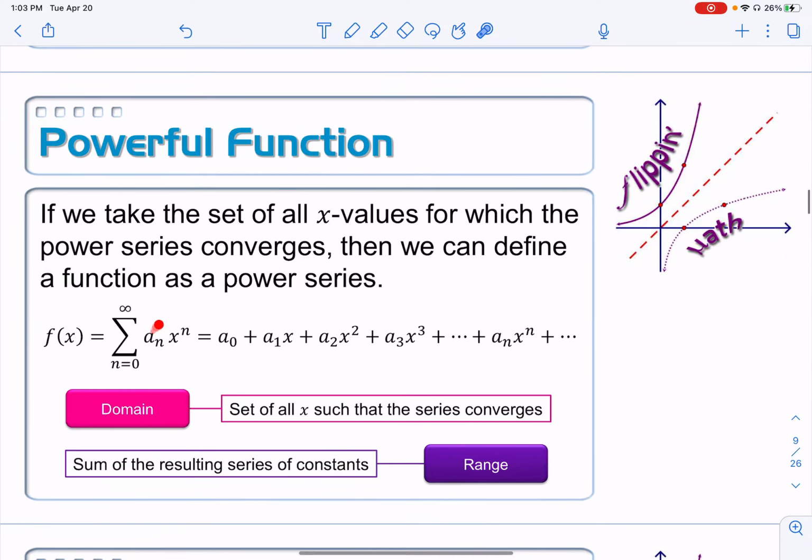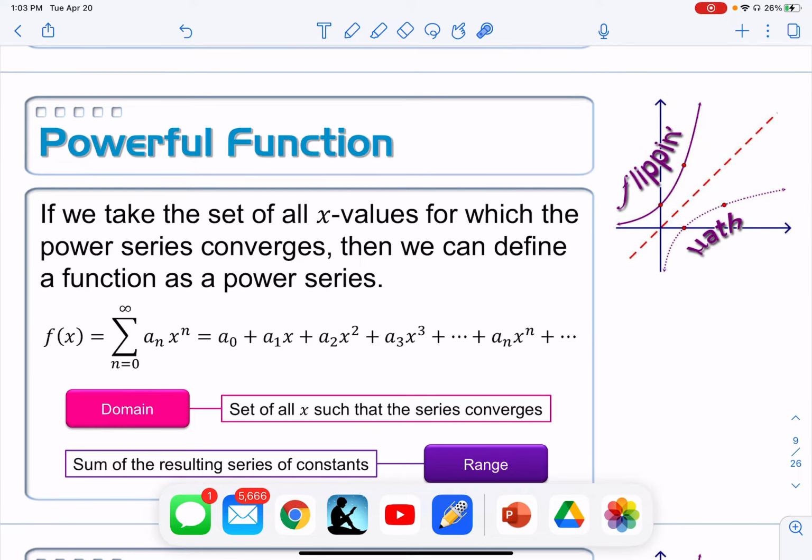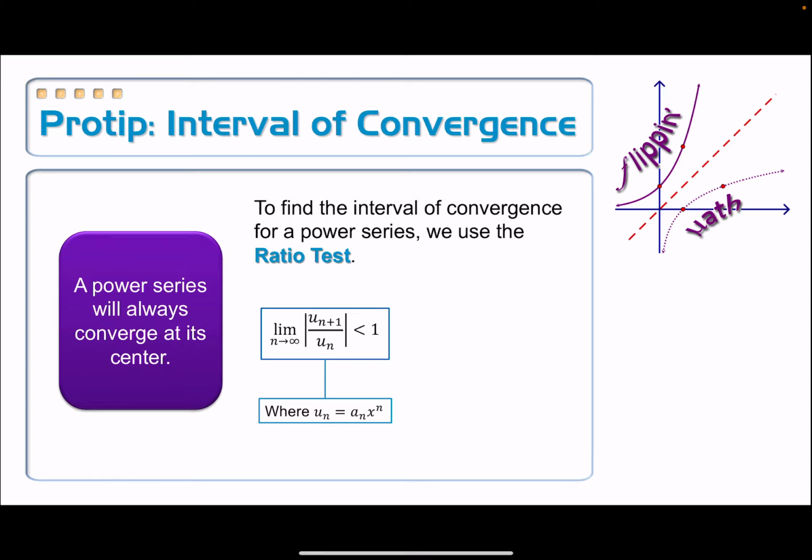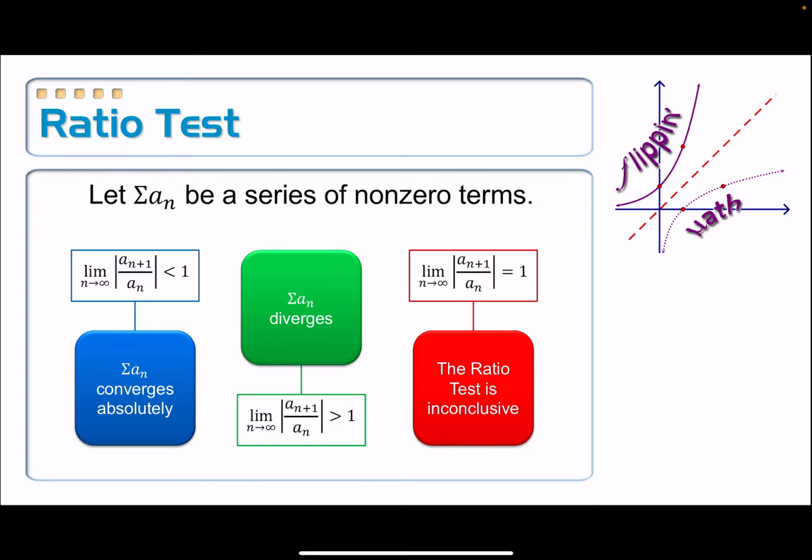So you're still just taking the ratio of the n plus 1th term here over the nth term, right? And you're forcing it. We're going to force it to be less than 1 because that, according to the ratio test, we're guaranteed convergence there. Now, one of the things that happens is that the ratio test is inconclusive at 1, so we'll have to test to see if that actually works.